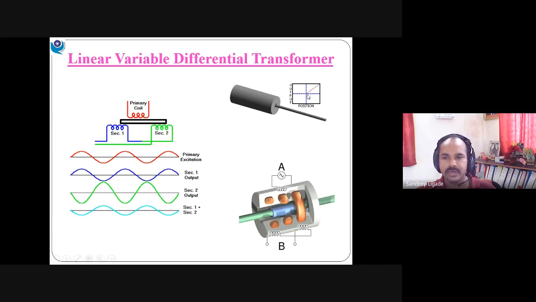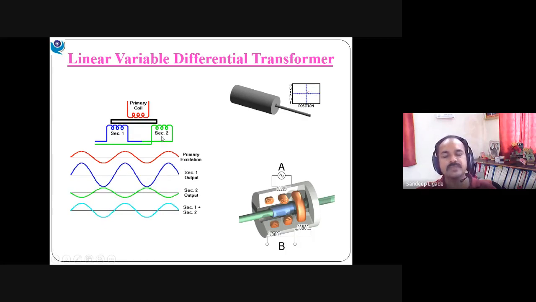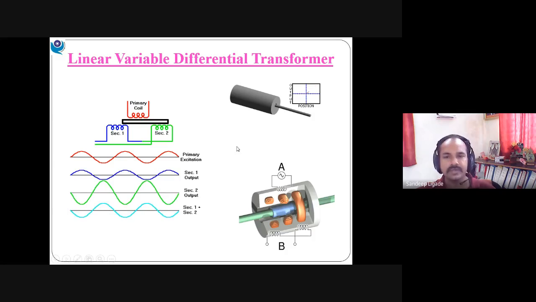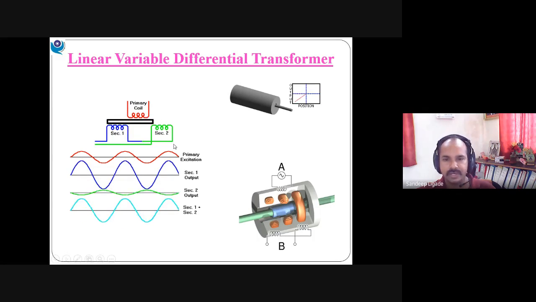That's why the voltage never starts from zero; it starts somewhat above. You can say 10 millivolt, 30 millivolt, 50 millivolt, a small residual voltage is present. Fine. So this is the working principle of LVDT, right?